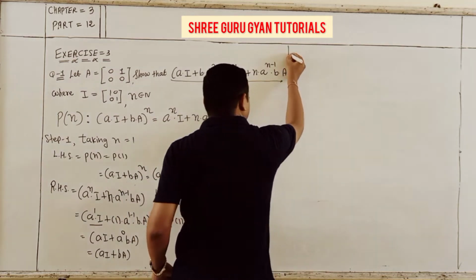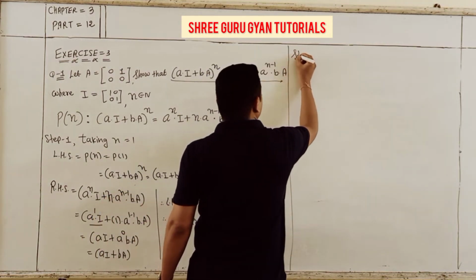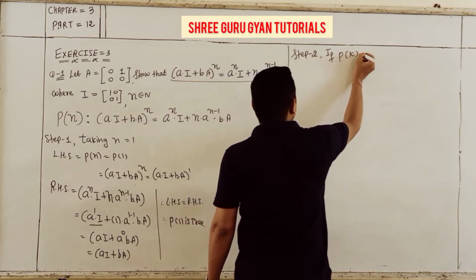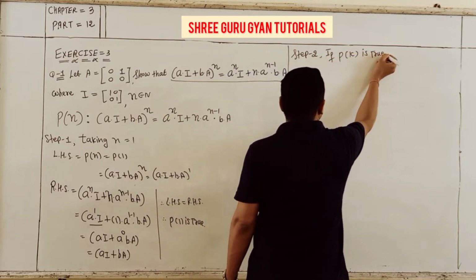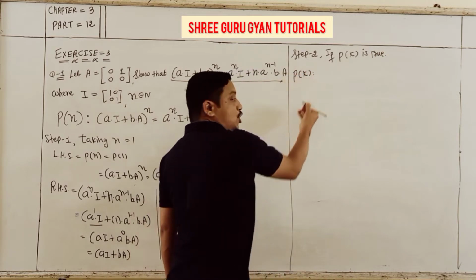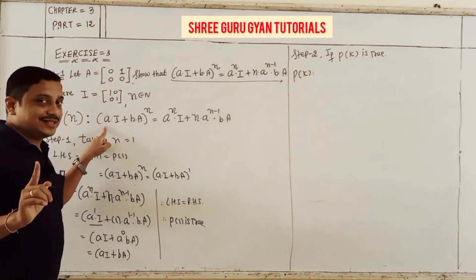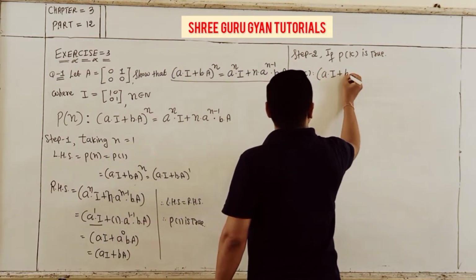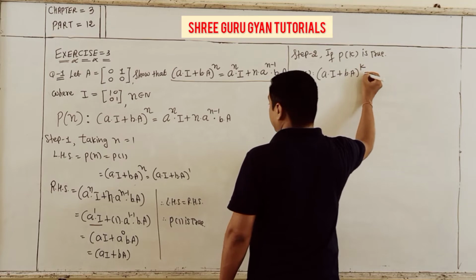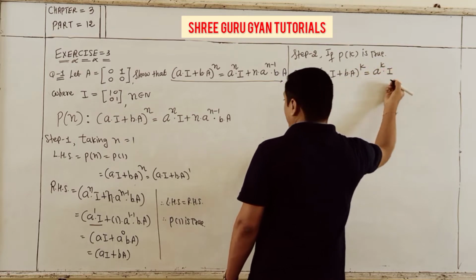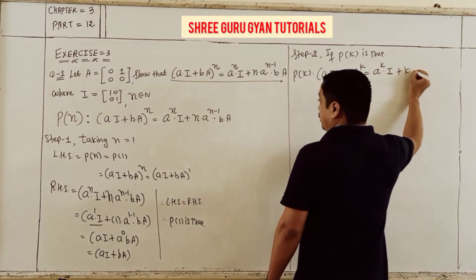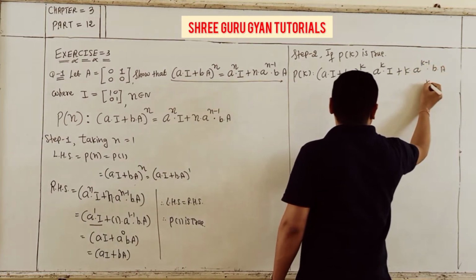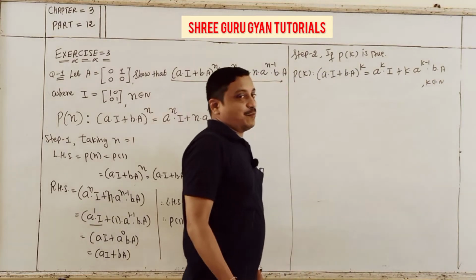Step 2, that is also very easily known to you. Assume P(k) is true, converting your P(n) into P(k): (aI + bA)^k = a^k I + k a^(k-1) bA for every k belonging to the natural numbers.